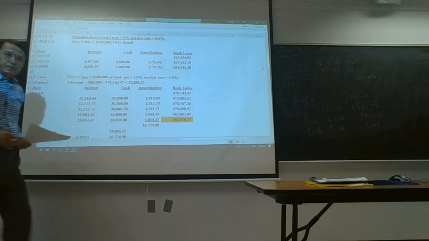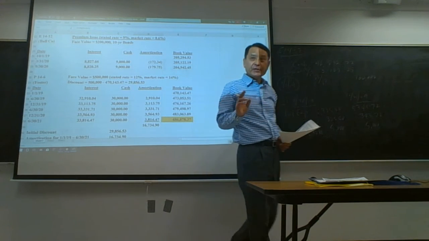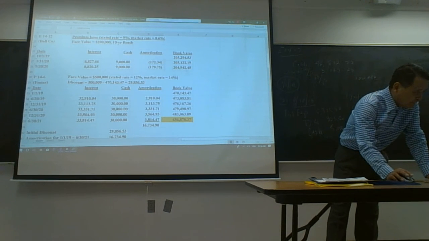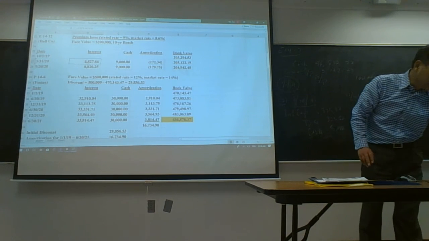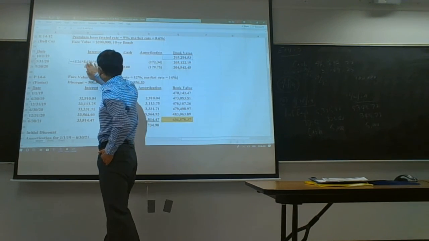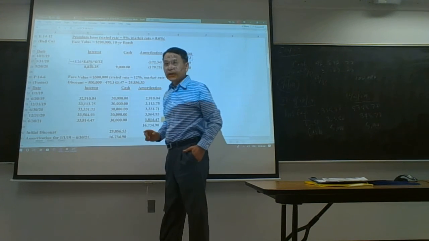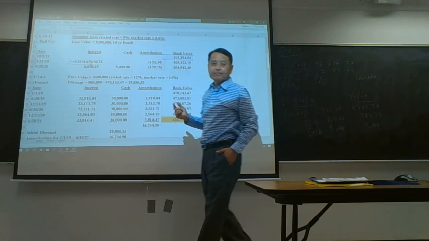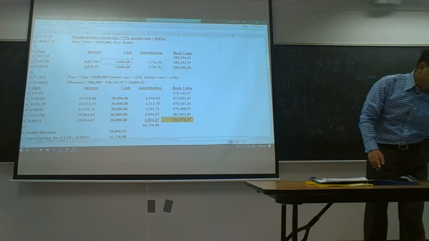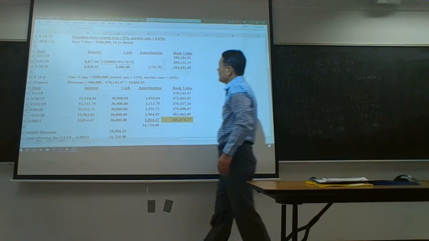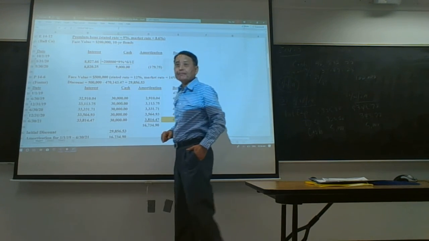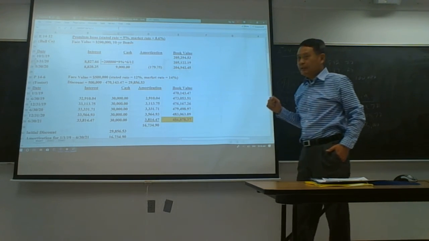So first of all, you have to set up the amortization schedule. Same format. Interest expense is based on the beginning book value and the 8.6% market or effective rate. And cash payment, 9,000, is based on the printed face value and printed stated rate, 9%. That is column 2, cash payment.